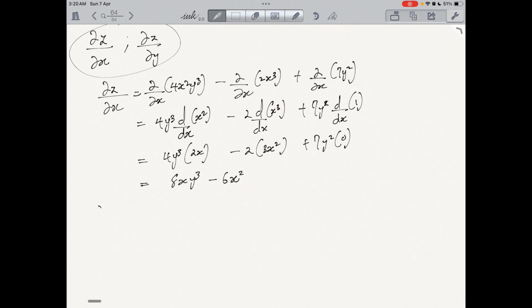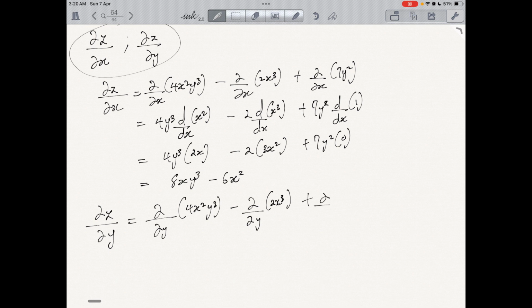You can pause the video now and evaluate ∂z/∂y. And that is d/dy of 4x squared y cubed minus d/dy of 2x cubed plus d/dy of 7y squared. Since we are differentiating partially with respect to y, our x is kept constant.